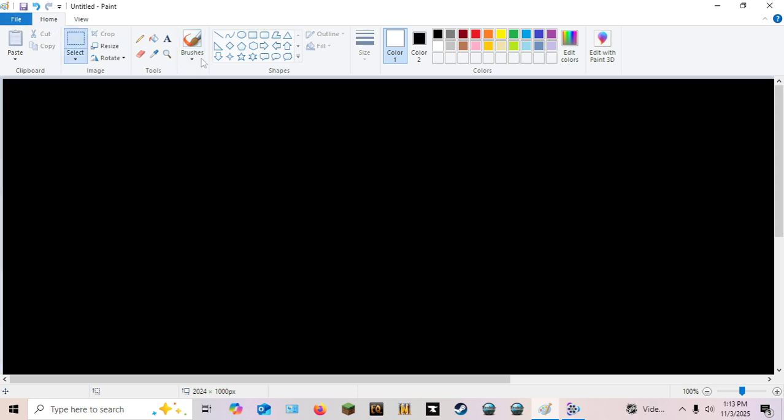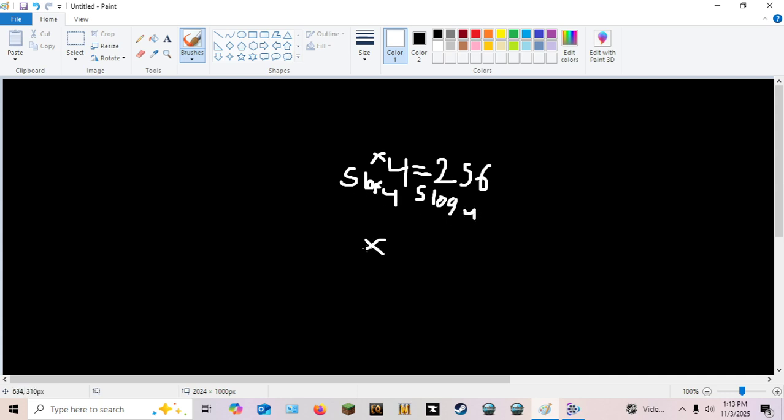Let's do another one. 4 tetrated to x equals 256. Let's take the slog base 4 of both sides. The 4's will cancel. x equals slog base 4 of 256.